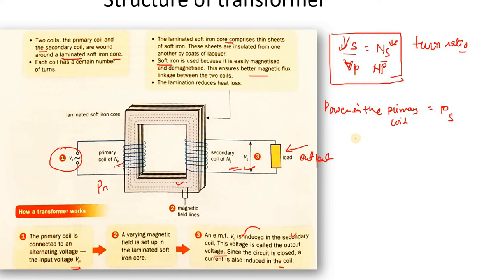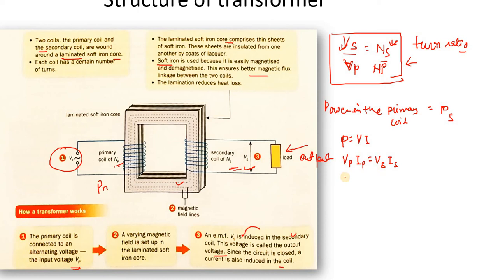So what is the power in the primary coil? You can write P is equal to VI. So power in the primary coil means Vp Ip is equal to what should I write? Vs Is. So this is the one equation we know. From this data, what is clear is that Vs by Vp is equal to Ns by Np.